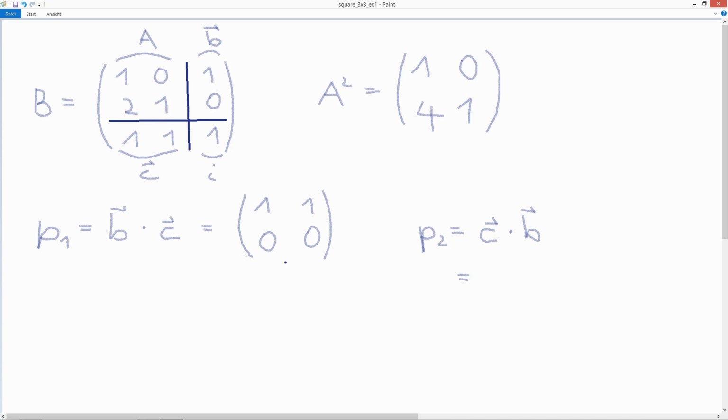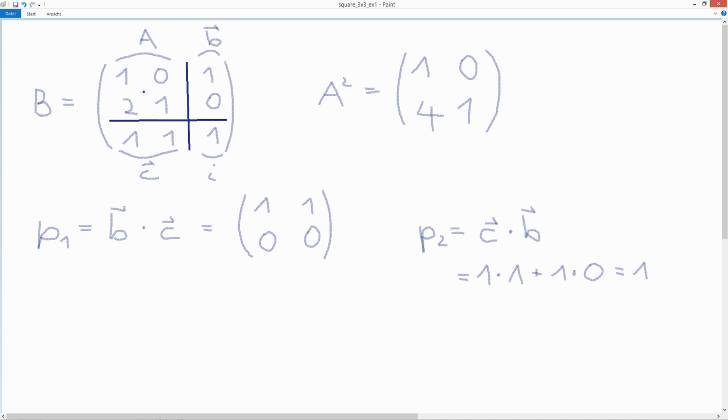So C times B is equal to 1 times 1 plus 1 times 0. And this is equal to 1.